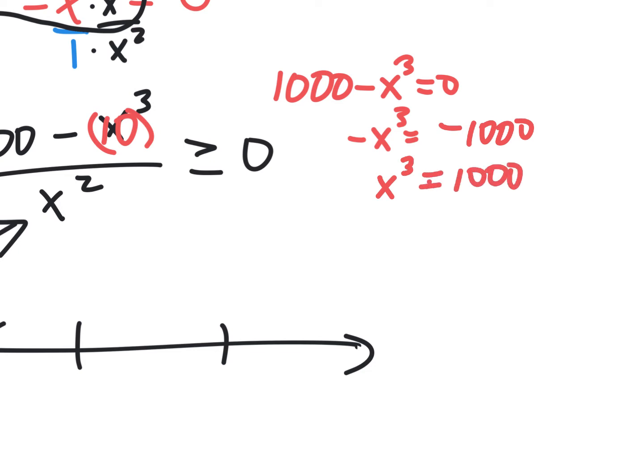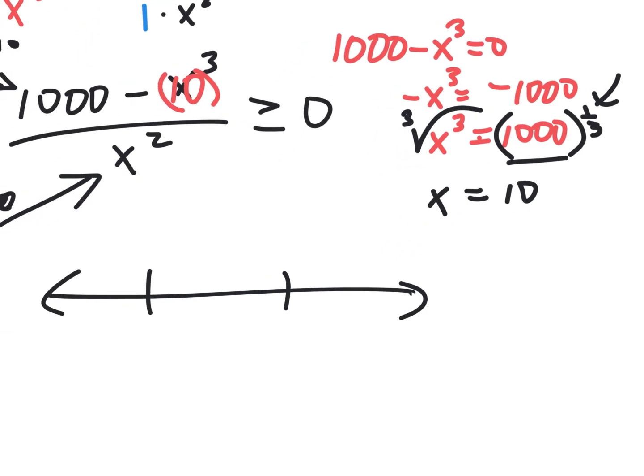And at that moment, it wouldn't have been any bad thing to go, oh yeah, it's 10. But you could have also done cube root, which looks like this. But even easier than that is putting it to the 1/3 power, which is also a cube root, because that can be done in the calculator a little easier. And then you get 1,000 to the 1/3 power is 10.